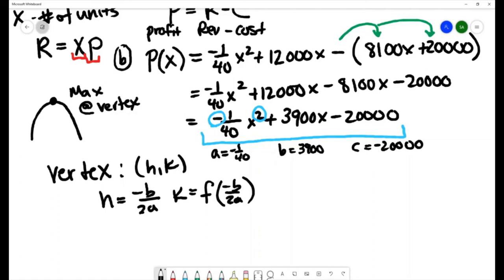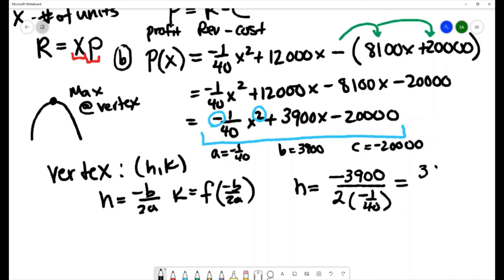So for our x-coordinate of the vertex, that's going to be negative 3,900, that's negative b over 2 times a. That's 2 times negative 1/40. We know this is going to be a positive because we're dividing a negative by a negative.